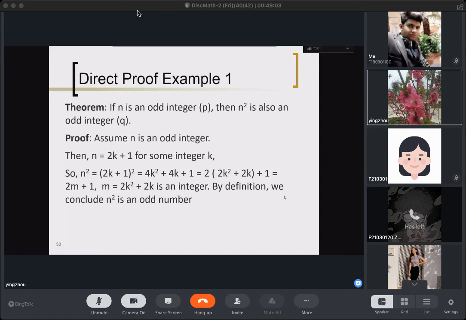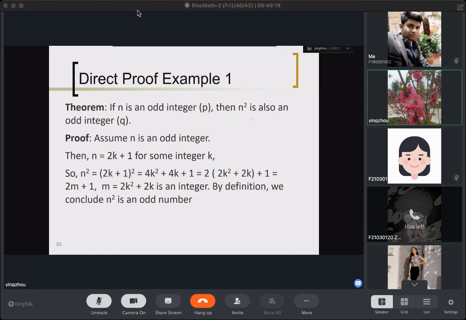Okay, we continue to talk about the direct proof, and we know that from the logical rules, and from the computer side, what they understand of your proof.